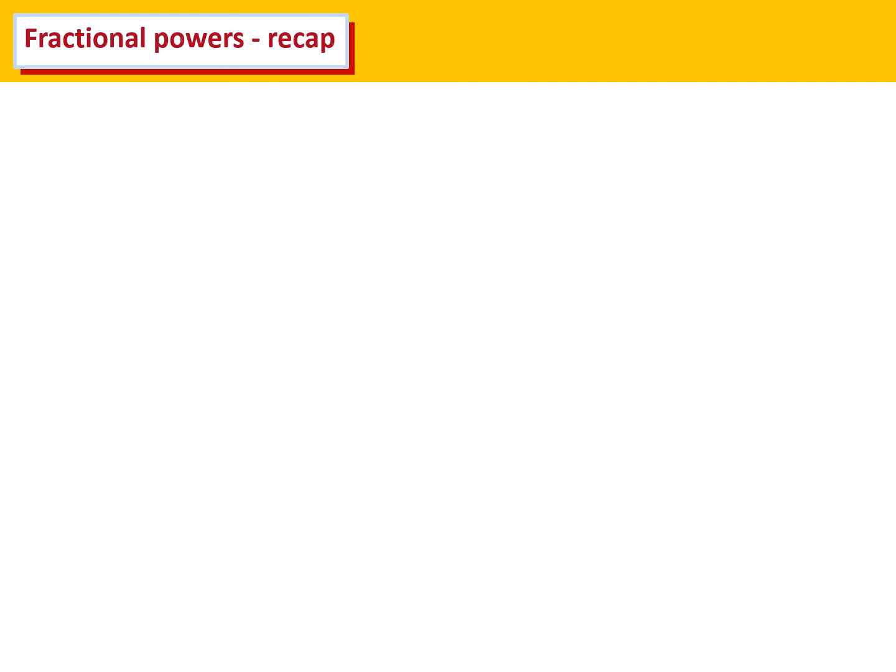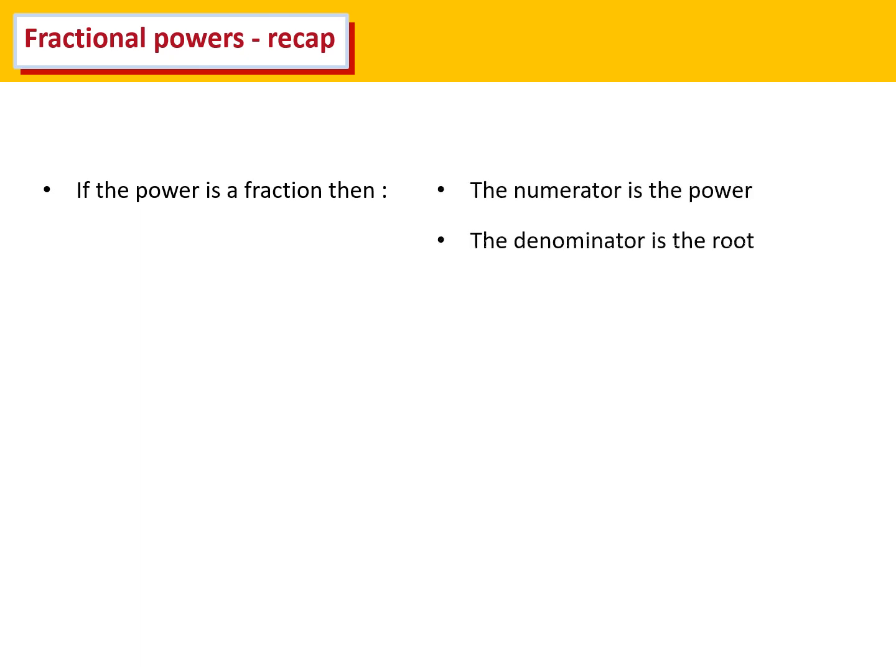Let's put this all together then in a recap. If the power is a fraction, then the numerator is the power and the denominator is a root. Let me explain that with an example. We've got 8 to the power of 2/3, so the power is a fraction. In that fraction, the numerator is the power and the denominator is the root. So 8 to the power of 2/3 becomes the cube root of 8 all squared.